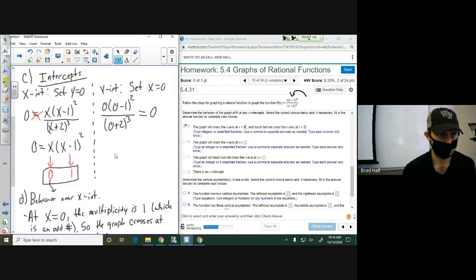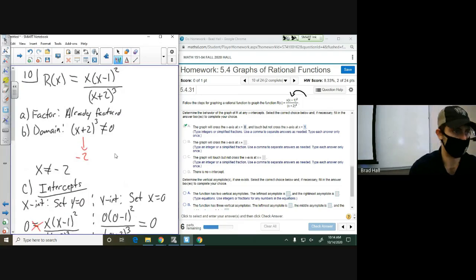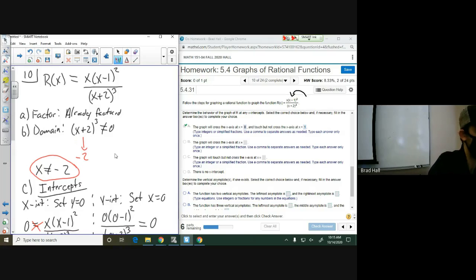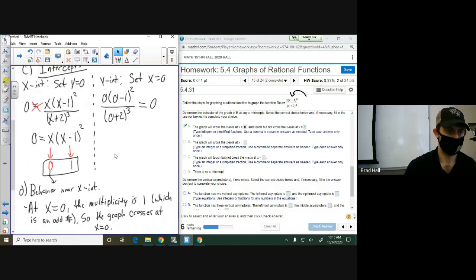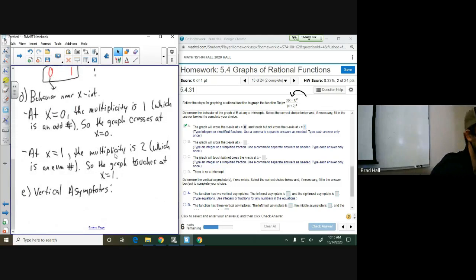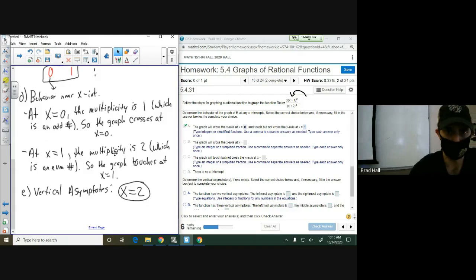So in this problem, we said that the domain was x is not equal to -2. So all we do is simply say that now it's x is equal to 2. So there's only one vertical asymptote.